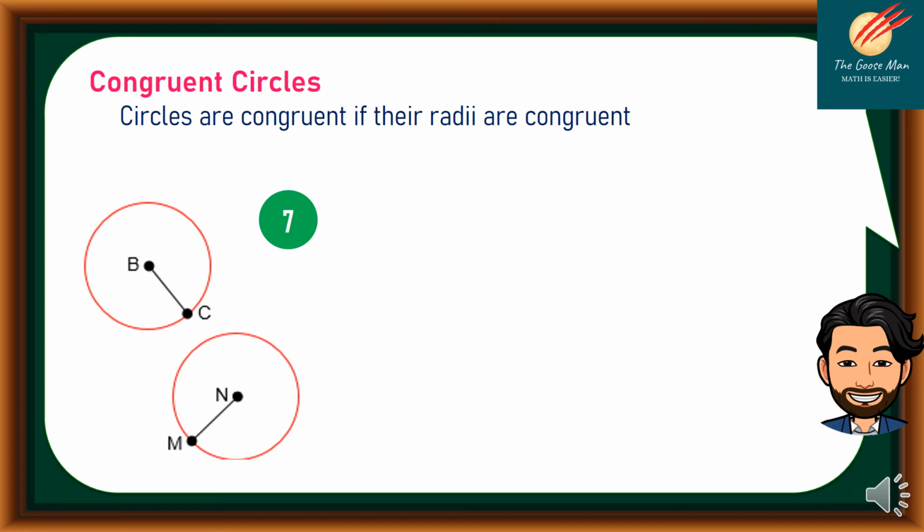Meanwhile, if we are talking about congruent circles, circles are congruent if the radii are congruent. Let's look at our example number 7.